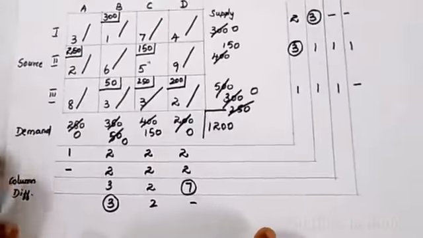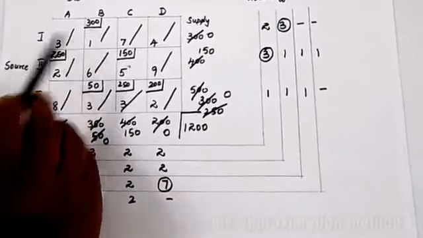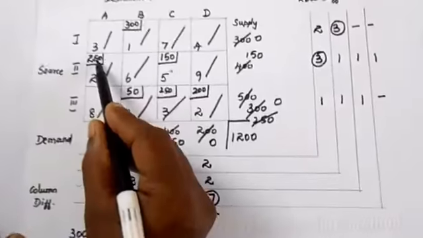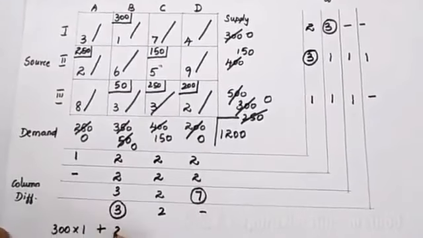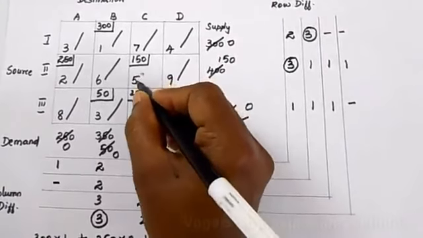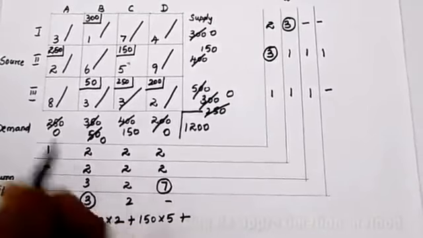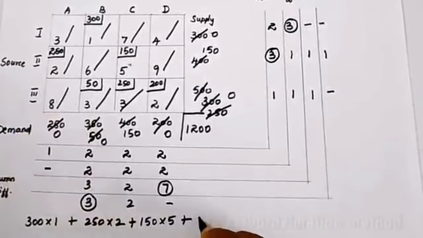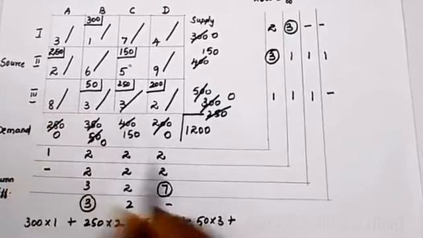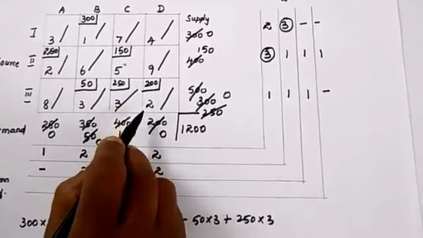Now you can find out the total transportation cost with the allocated cells. 300 into 1. Just multiply with the cost. Plus 250 into 2, plus 150 into 5, plus 50 into 3, plus 250 into 3, plus 200 into 2.